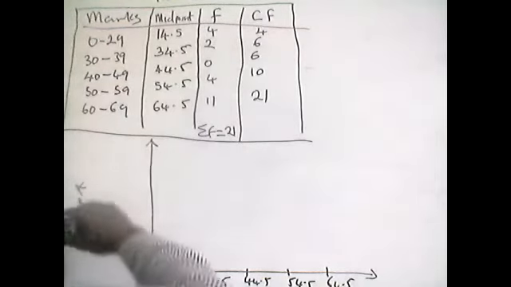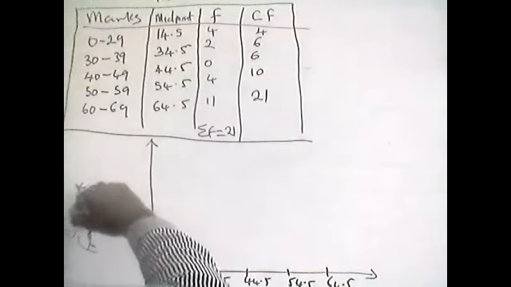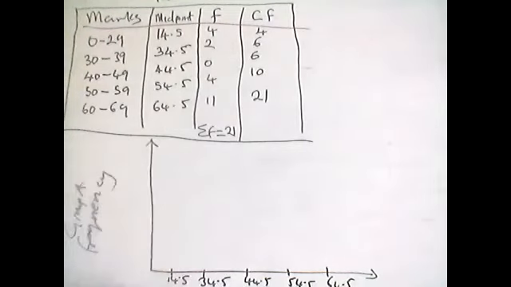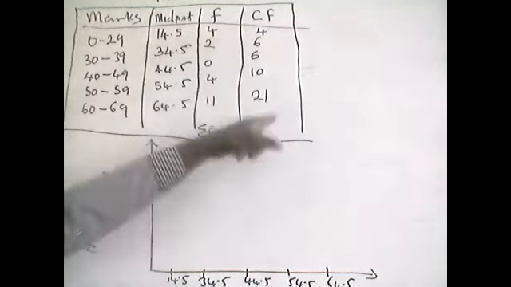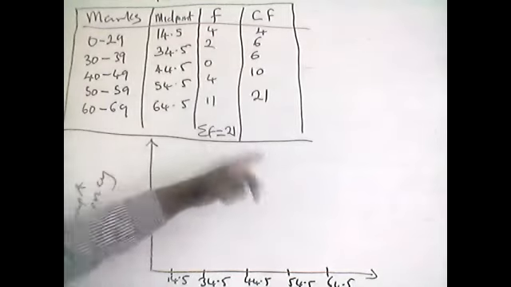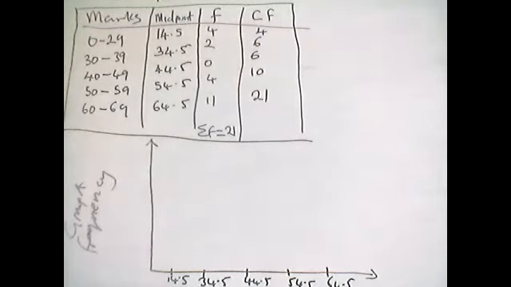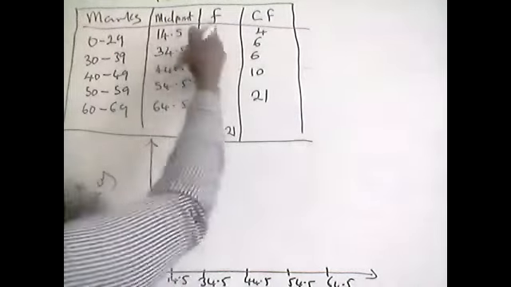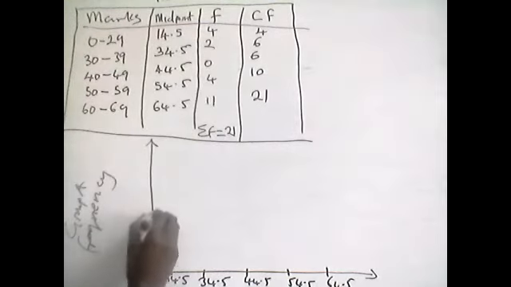Here I'll just say frequency. So you can either use frequency or you can use cumulative. But what determines this is what we've just written here. So if the question was talking about drawing the cumulative frequency, we would have used the last column. But here, we're just using the frequency because the question hasn't specified. So we'll start with 14.5. So I can just put my 4 to be somewhere there.